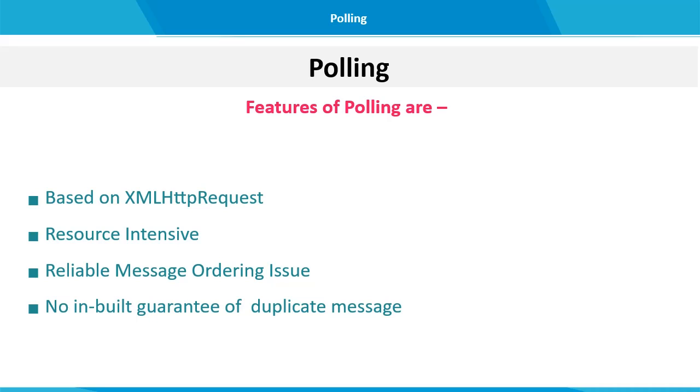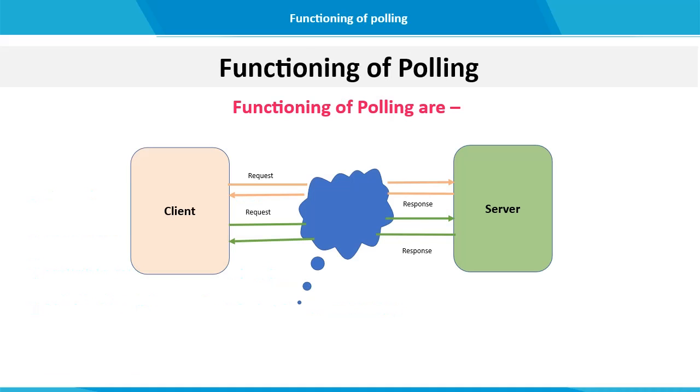These are a few drawbacks of polling. Now come to the functioning of polling. Clients continuously send requests to the server, and the server may respond immediately with data or without data. This is how polling works.